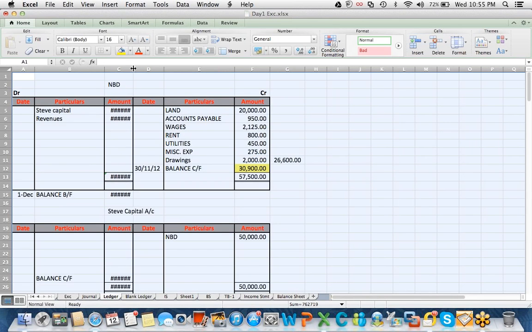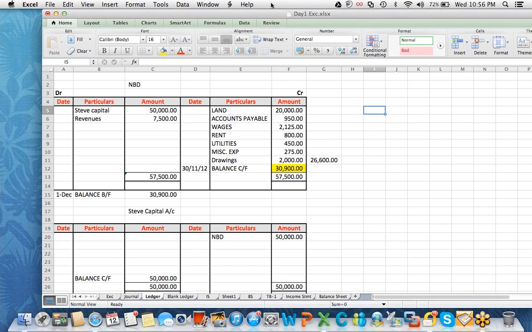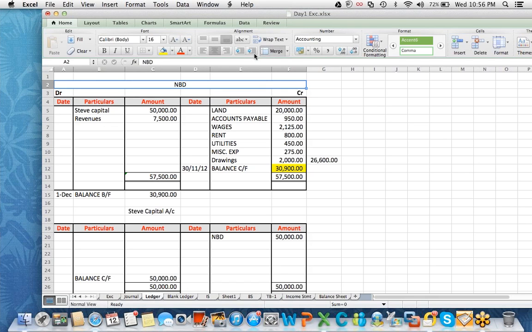Can you see here? Yes, I can see. See, this is a ledger of NBD. Each and every account will have a ledger for the summary of the transactions.